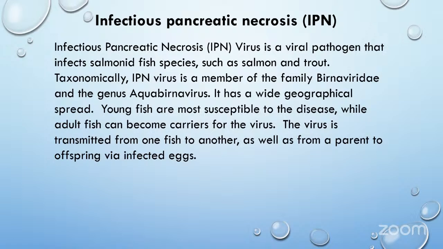Young fish are most susceptible to the disease, while adult fish can become carriers for the virus. The virus is transmitted from one fish to another as well as from a parent to offspring, so via infected eggs.